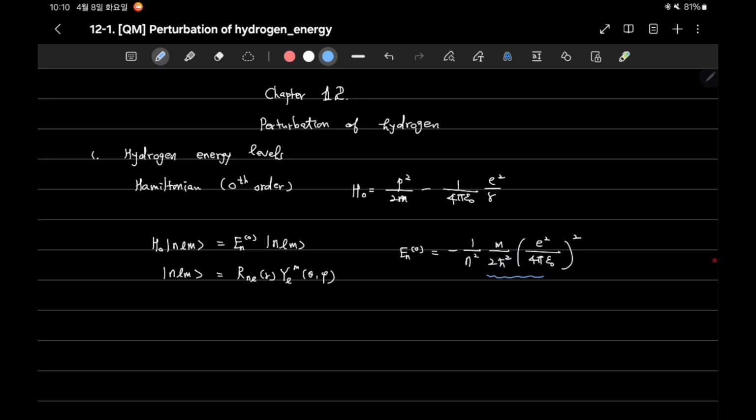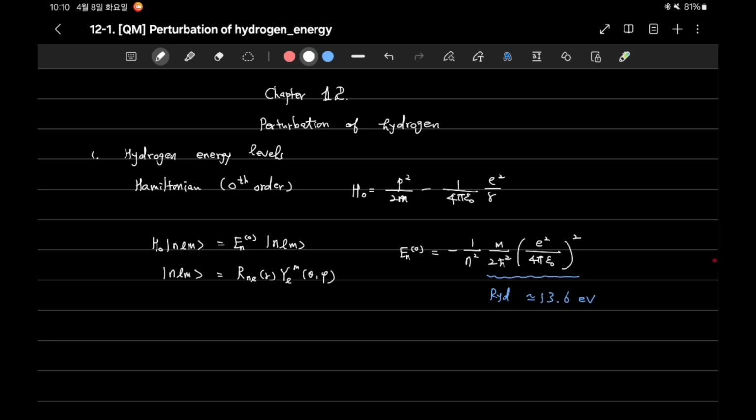We call it the Rydberg energy, on the order of 13.6 electron volt. This Rydberg energy is the basic energy spacing between the quantum levels.